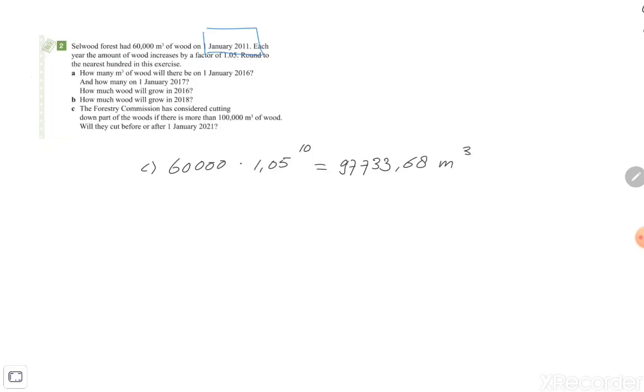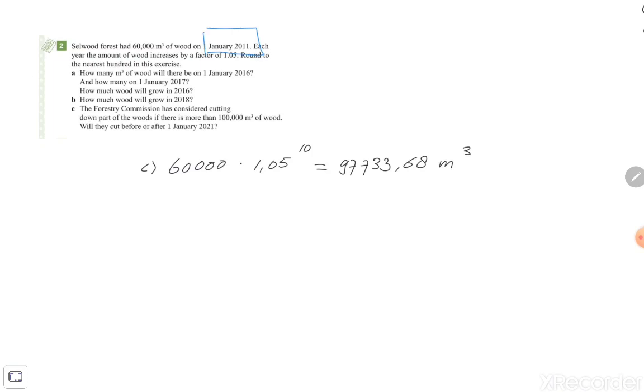So on 1 January 2021, it is not yet 100,000 cubic meters. It's less than 100,000 cubic meters, which means that they do not need to cut on 1 January 2021, but after 1 January 2021.